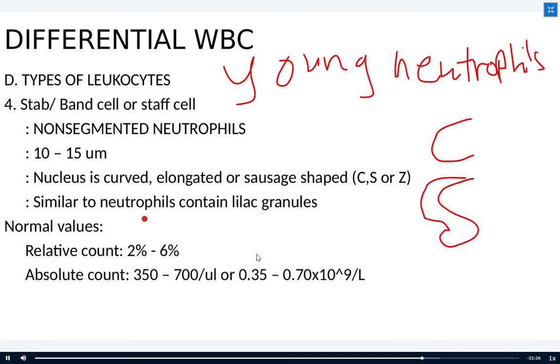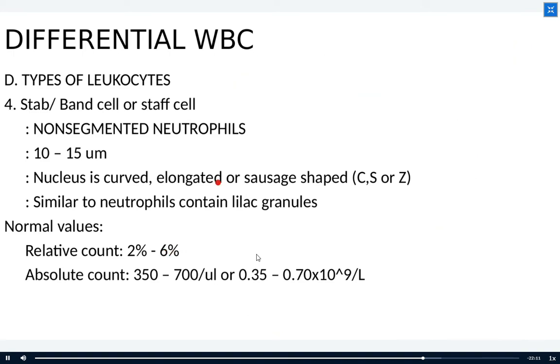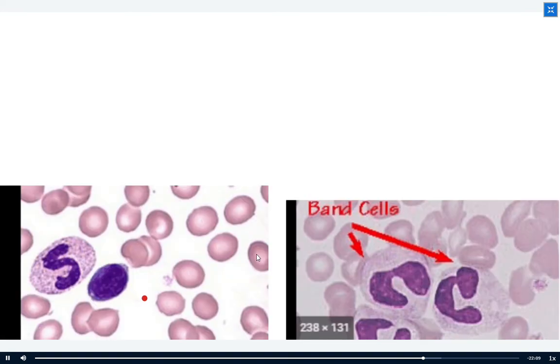Similar to neutrophils, they contain lilac granules. So normally you could see them around 2 to 6 sa differential count. So this is the appearance of your stab or your band cell. C-shape.